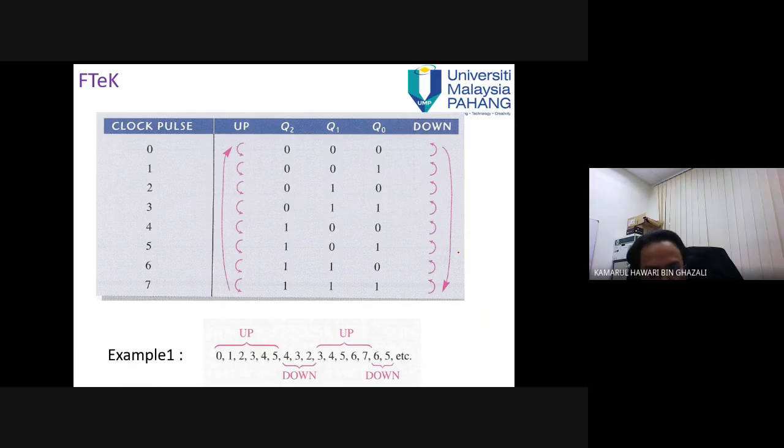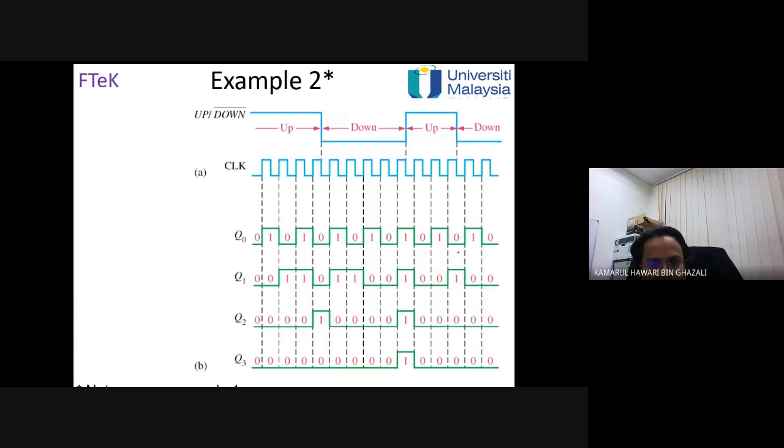Clock pulse 0, 1, 2, 3, 4, 5, 6, 7. So up 0, 0, 1, 0, 0, 0, 1, 0, 1, 1, 1. Kemudian down balik 1, 1, 1, 1, 1, 0, 1, 0, 1 until 0, 0, 0. Okay, so this is the timing diagram of up-down counter.